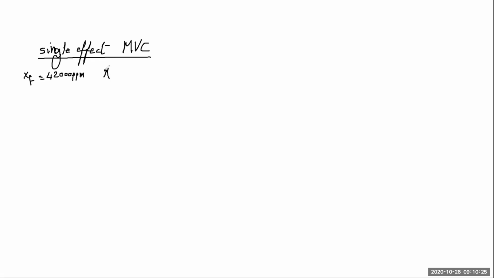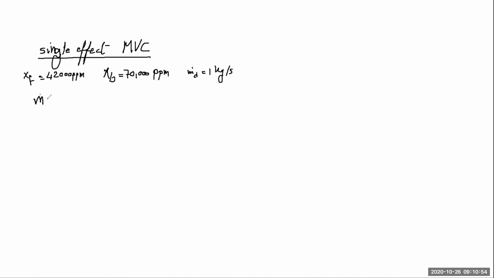The salinity of the rejected brine is 70,000 ppm. Then we know that the distillate quantity which is needed, as given, is 1 kilogram per second. Then, as usual, what we begin with here is the mass balance expression.